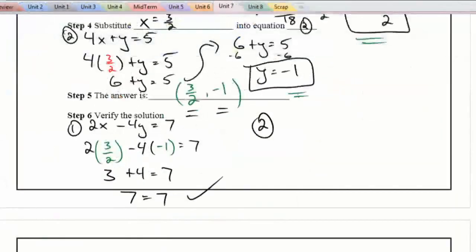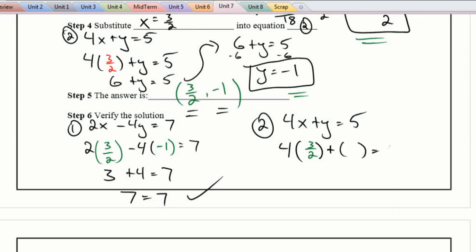The second equation was 4x plus y is 5. Same process. I'm going to plug in x was 3 over 2. And I have y was negative 1.